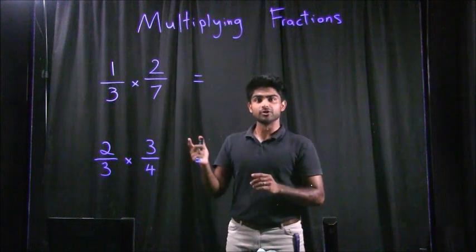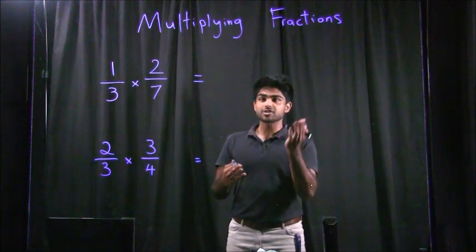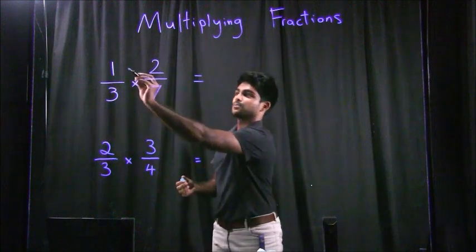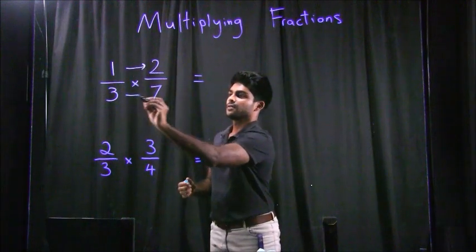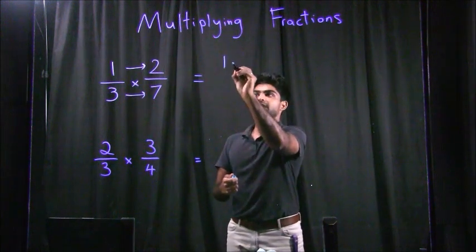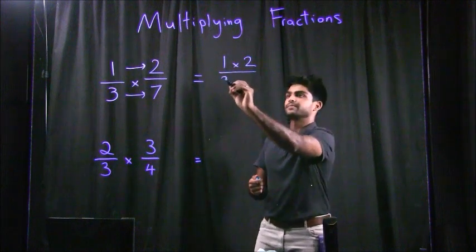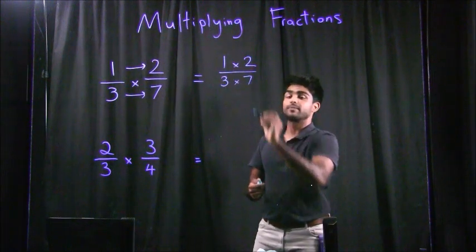We have 1/3 times 2/7. As usual with multiplying fractions, our very first step is to multiply the numerators across and the denominators across. So our first bit of working out is going to be 1 times 2 over 3 times 7, just like that.